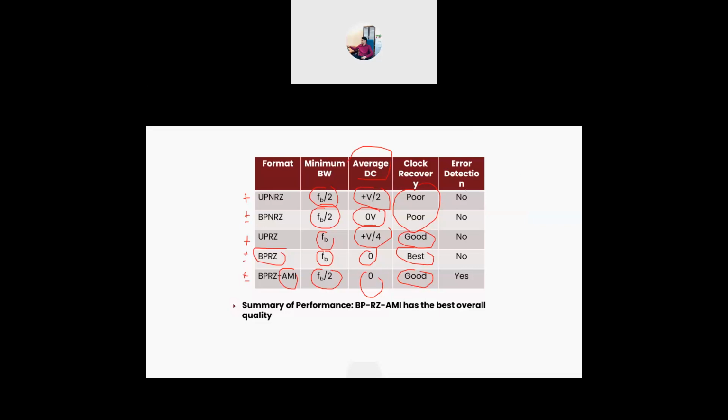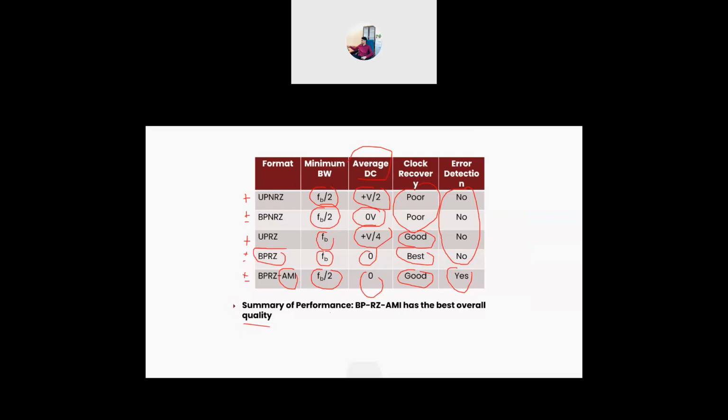For the error detection, all of the line coding formats have no ability for error detection except for alternate mark inversion. So overall, BPRZ AMI will have the best overall quality.